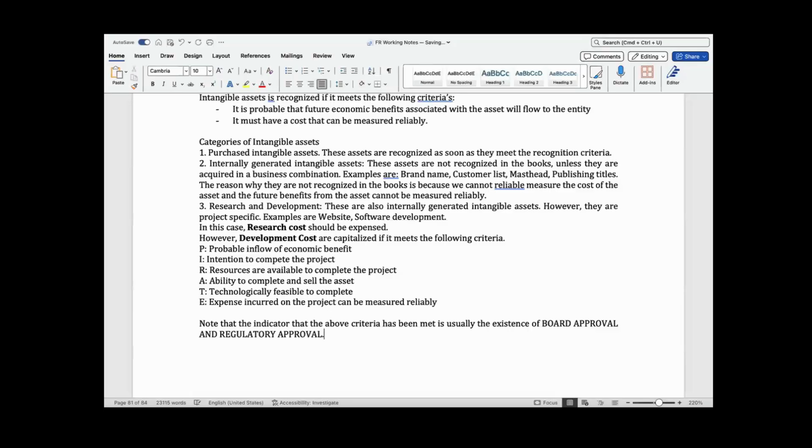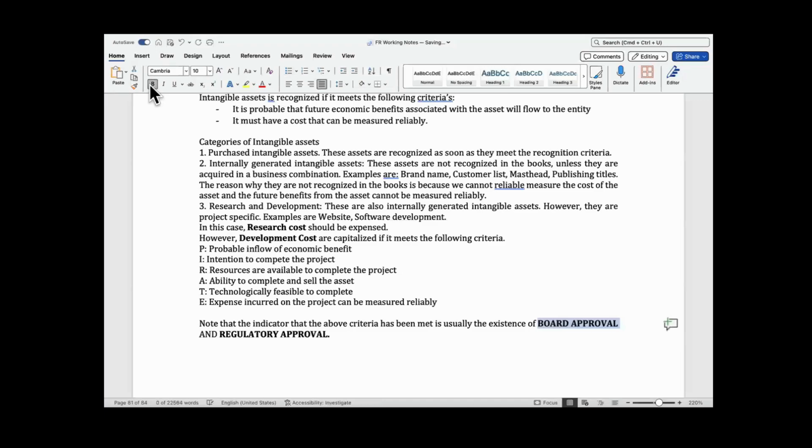So depending on the type of intangible assets or projects you are developing, this is what we look out for in most scenario questions that they give you guys in the exam.